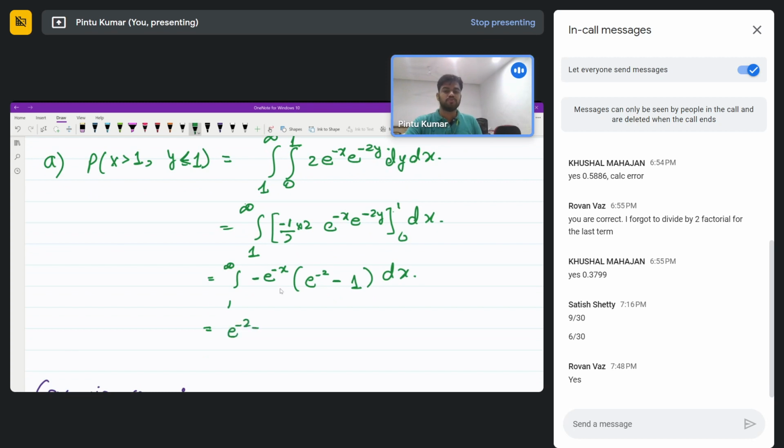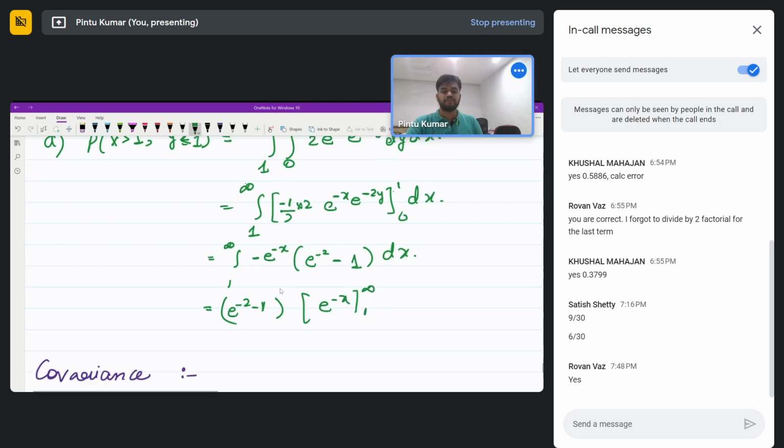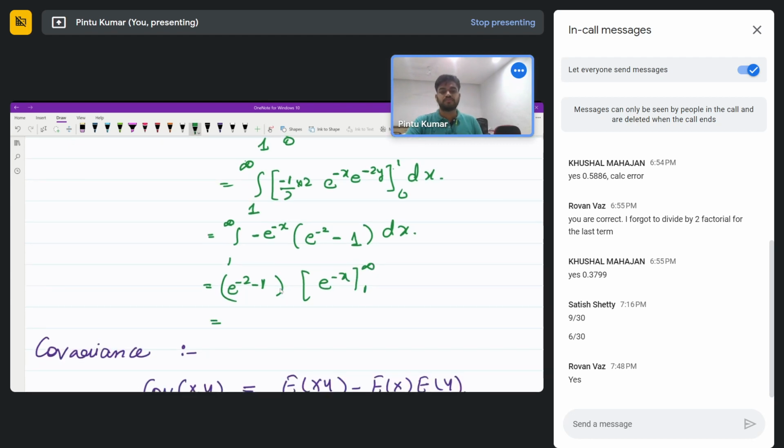So this is e to the power minus 2 minus 1, and we will have one more minus over here. So this would be e to the power minus x from 1 to infinity. That is 1 minus e to the power minus 2 times e to the power minus 1. I think this should be the correct answer.